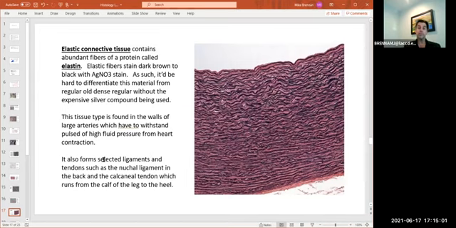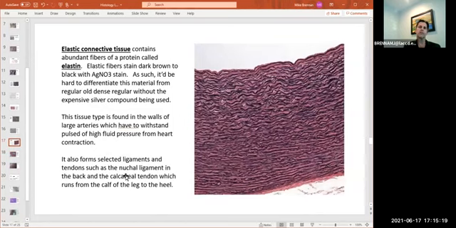It's also going to form specific ligaments and tendons, such as the nuchal ligament on the back of our neck, and the calcaneal tendon, which runs from the calf muscles of the leg, the triceps surae, gastrocnemius, and soleus, to the heel bone, the calcaneal bone of the heel. Good runners will utilize this calcaneal tendon since it's elastic like a bungee cord.